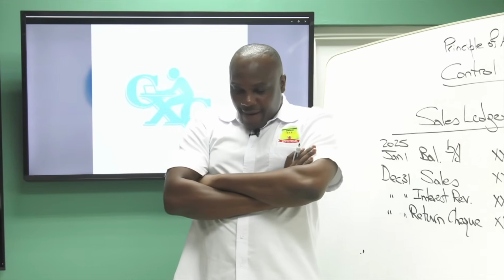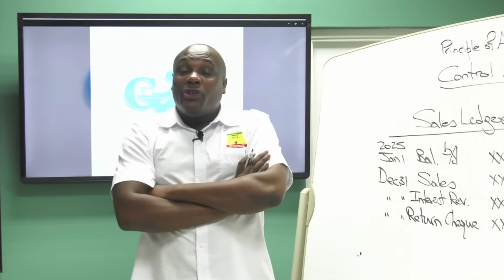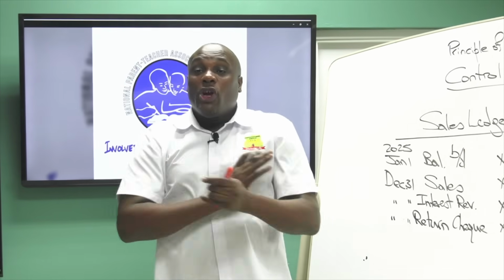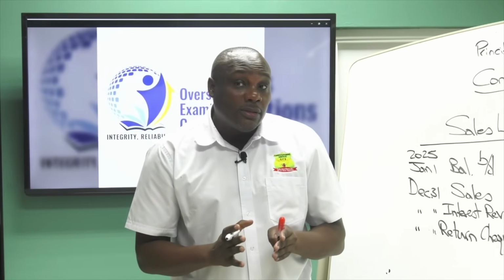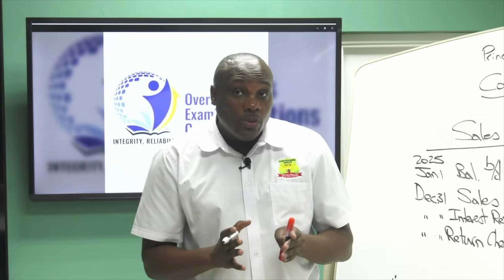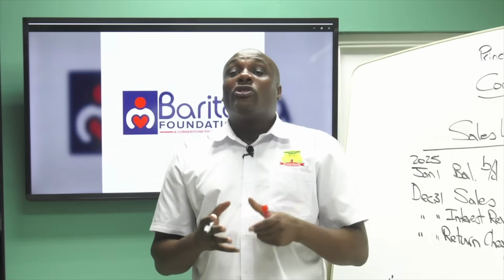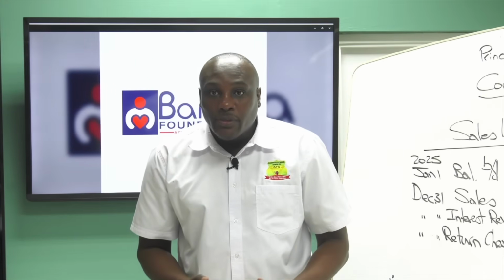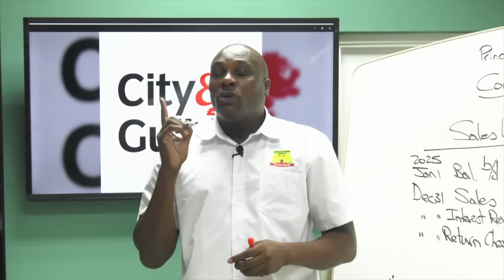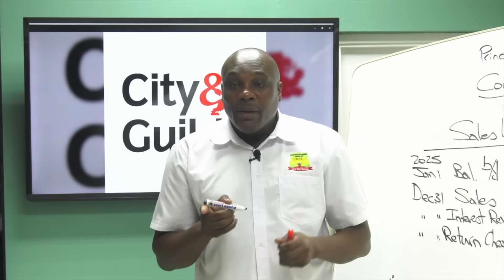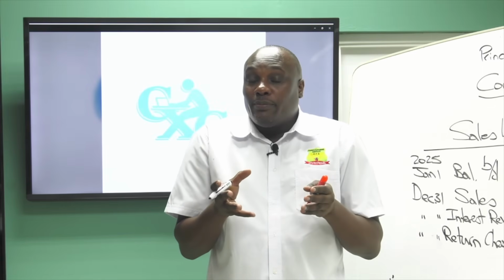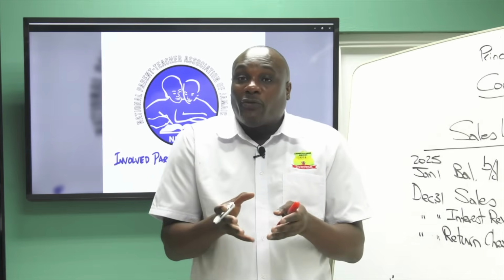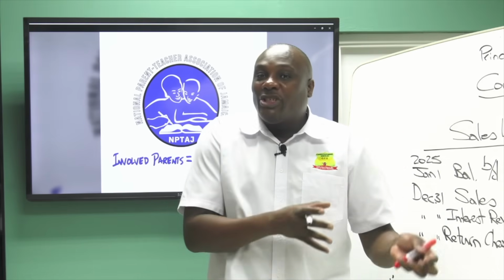Now, students, the reality is that you're doing a business. The person who is a customer to you may also be your supplier. It is possible. You can be a customer of PriceSmart because you buy your raw materials and so forth from PriceSmart to engage in your farm.